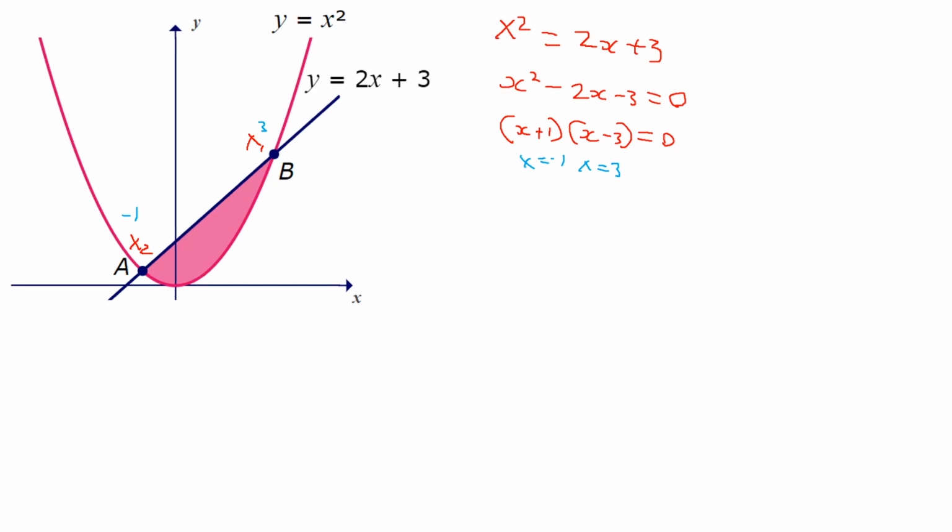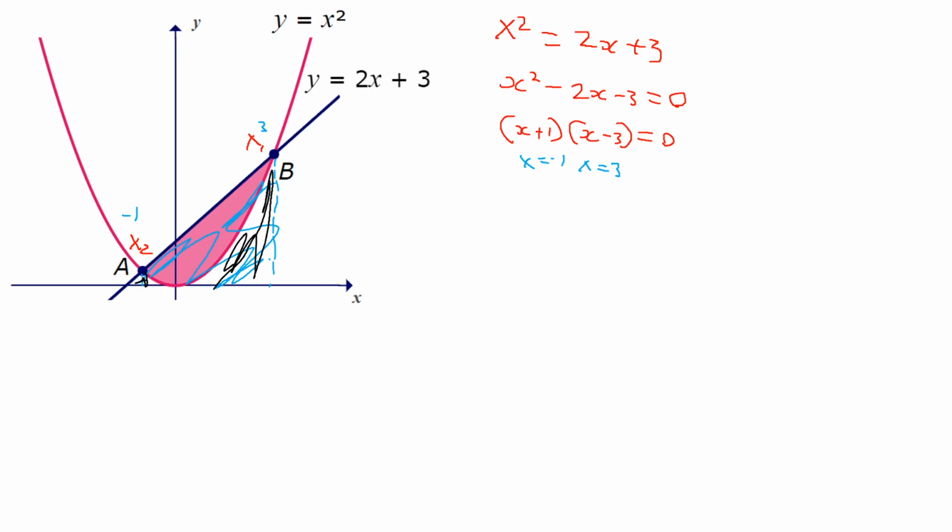So now, let's work out what this area is. As you can tell, underneath the line is a much larger area, don't you think? So all we need to do is find all this area, and then subtract this area.